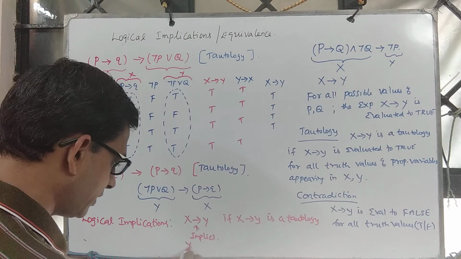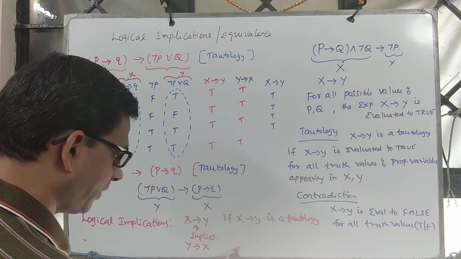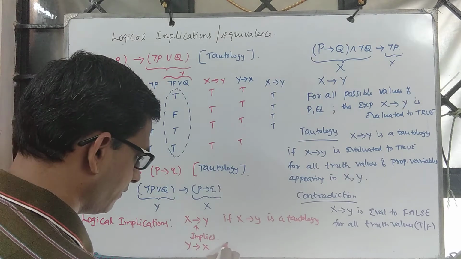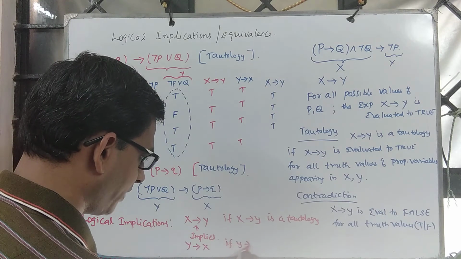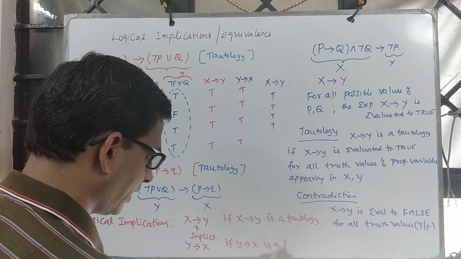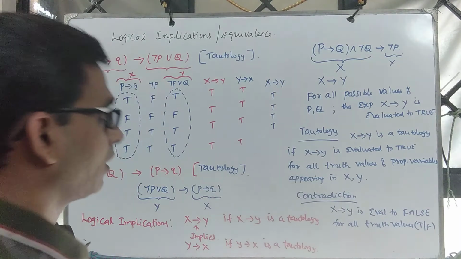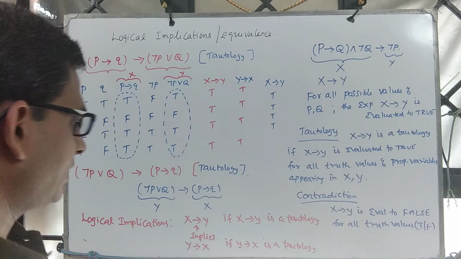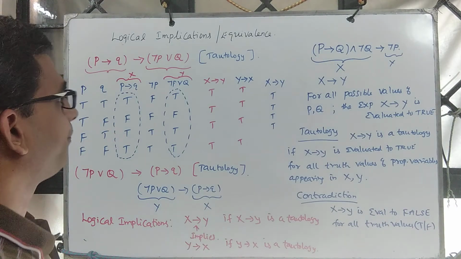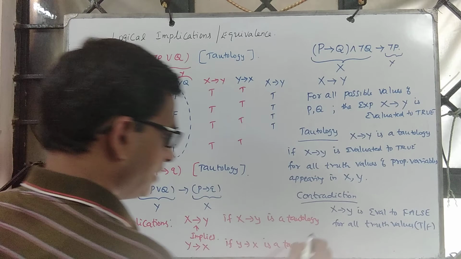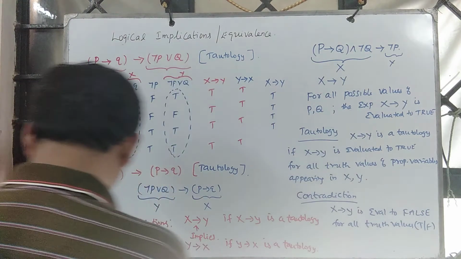And we also see that Y implies X, which means Y implies X is a tautology. Now in this case, it so happens that both are true, which means they are equivalent.